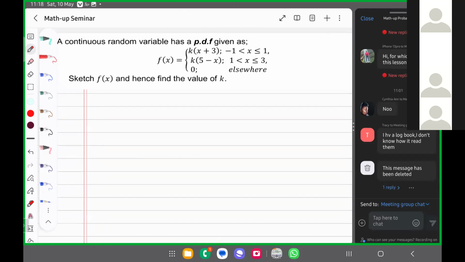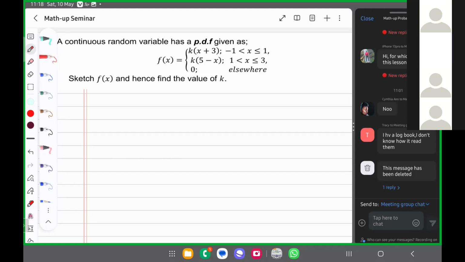Then they're telling us to sketch a small f of x, which is the PDF, and hence find the value of k. They're telling us to sketch first and find the value of k later, not getting the value of k first and sketching. That also is important.